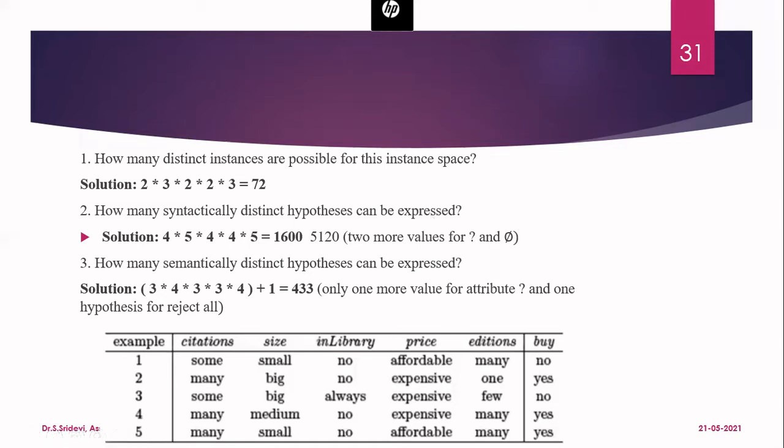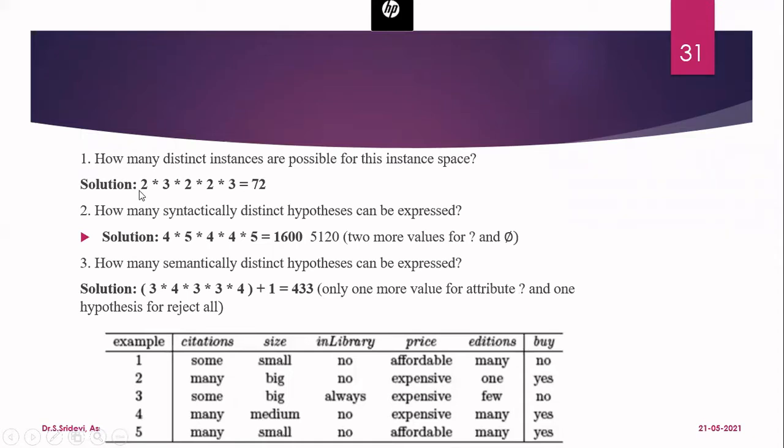In the previous example, we expressed only 4 hypotheses, H1, H2, H3, H4. But here, there can be 1600 syntactically distinct hypotheses. And if I ask how many semantically distinct hypotheses can be expressed, you consider the original values and add only 1 value to each attribute, because semantically we are not going to consider the reject-all condition for each attribute, so the null value is not considered.